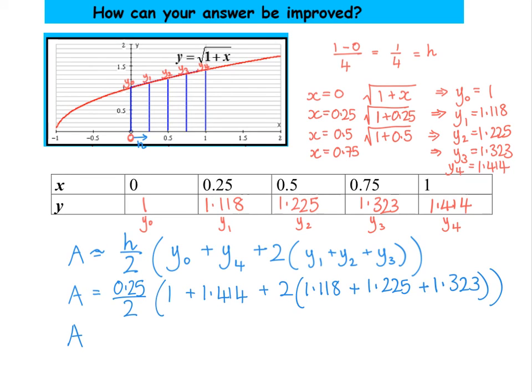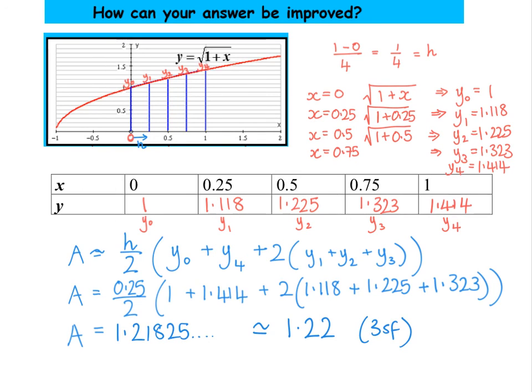Pop that into a calculator and see what we get. When we work that out, we get 1.21825, and we want the answer to 3 significant figures, so that's approximately equal to 1.22 to 3 significant figures.